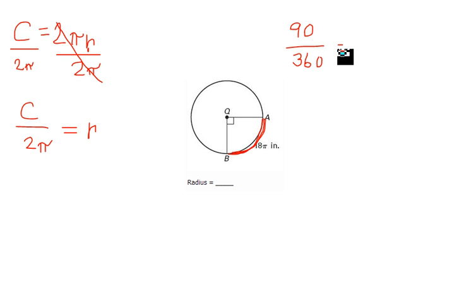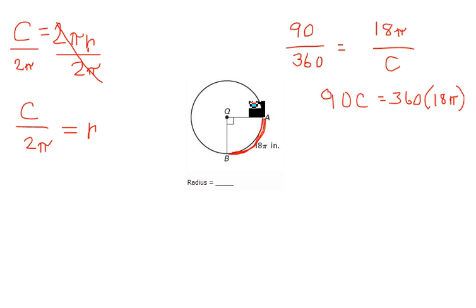That's going to be the same ratio as the length of the arc, 18 pi, over the length of the circumference, which is, I'm just going to put in c because we don't know what it is yet. So here we are with something that we can easily cross multiply. So let's go ahead and do that.